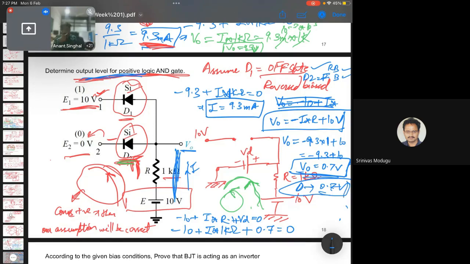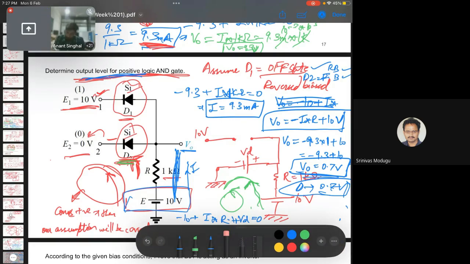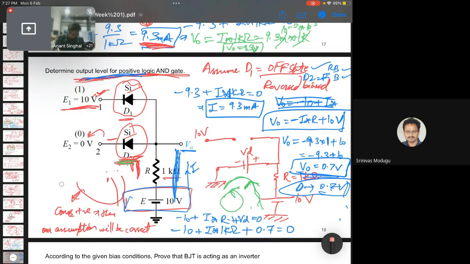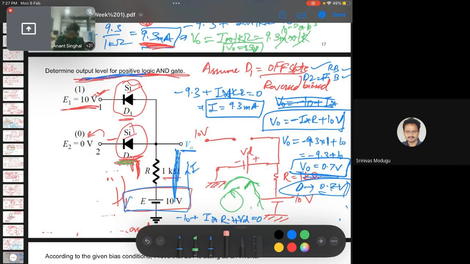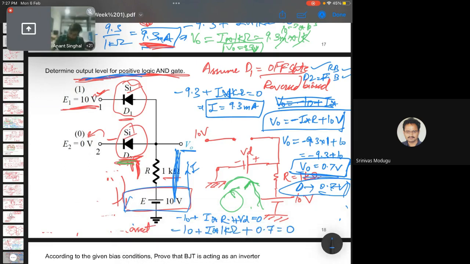Let me try to explain here. This is the KVL. You can see that when this is forward bias, it is nothing but a voltage source of 0.7.